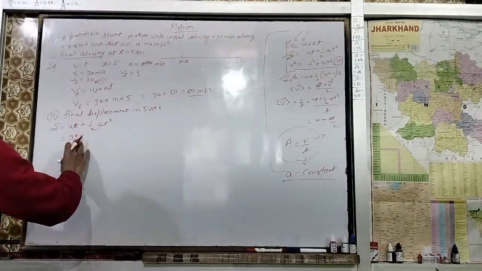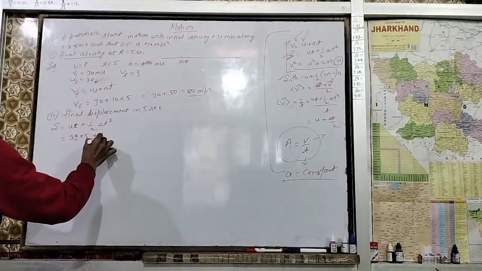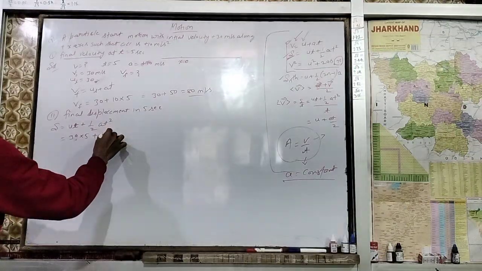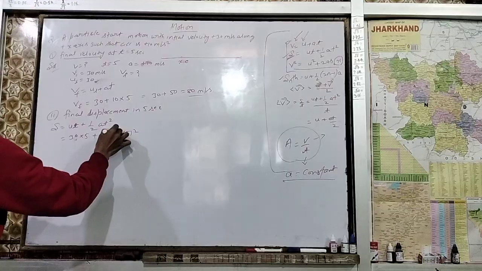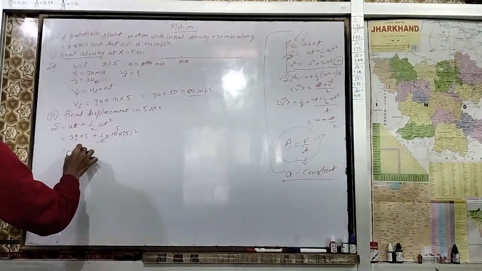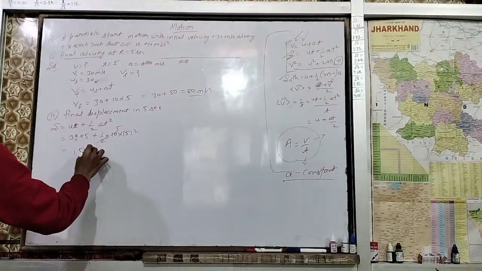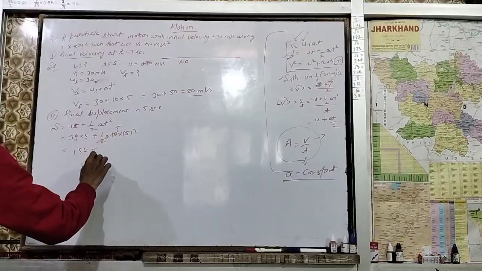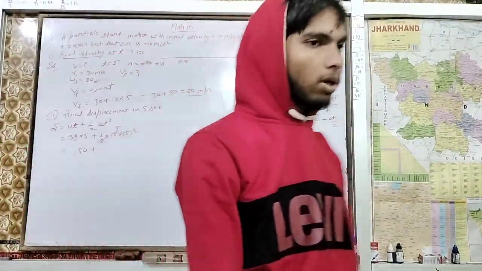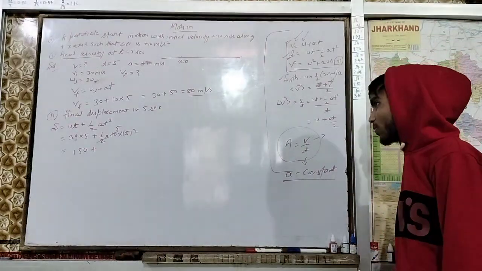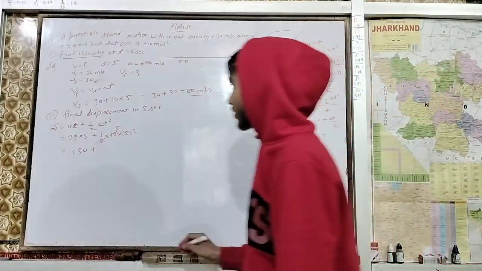30 multiplied by t, which is 5, plus 1 by 2, a is 10 and t is 5 raised to power 2. 5 3s are 150, plus 5 5s are 25, 25 times 5 is 125.